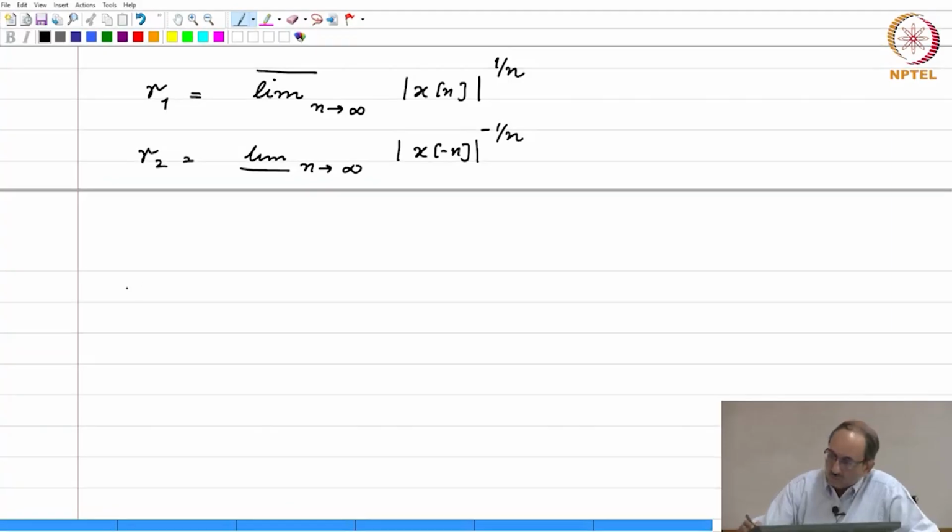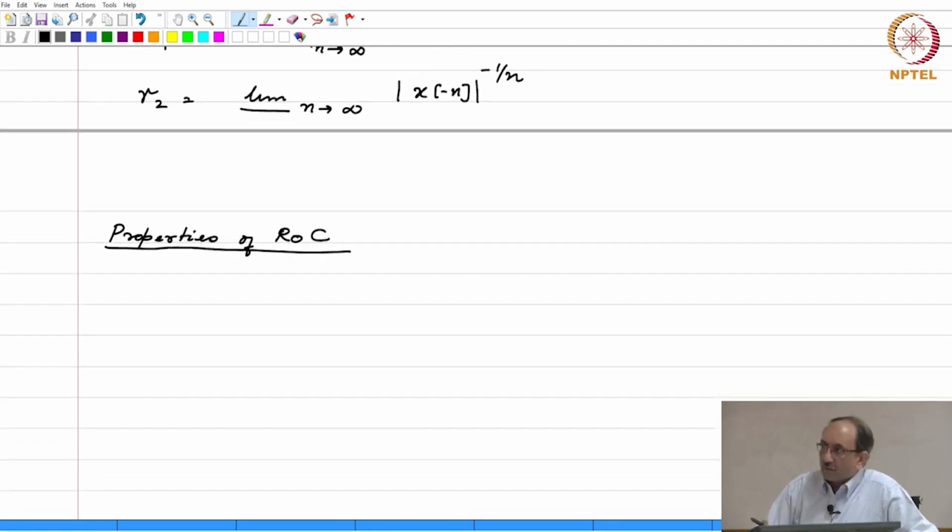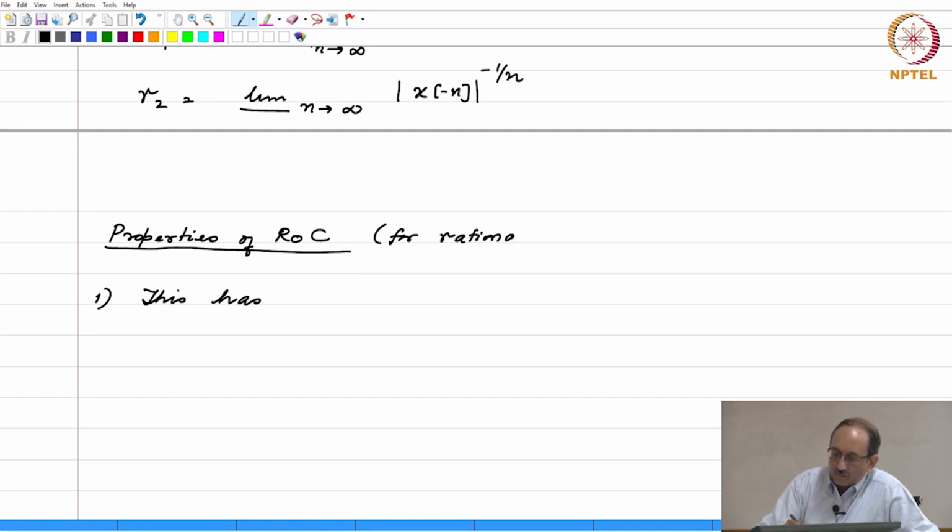We will now look at the properties of RoC. This will basically summarize what we may have seen before, right. So, we will limit ourselves to systems, or signals, having a rational Z transform.